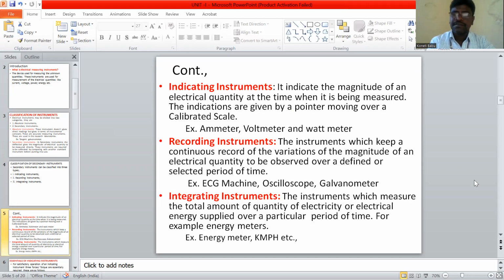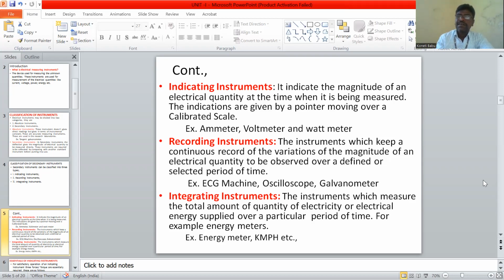The magnitude of an unknown electrical quantity is indicated at that instant, directly by a pointer moving on a calibrated scale.